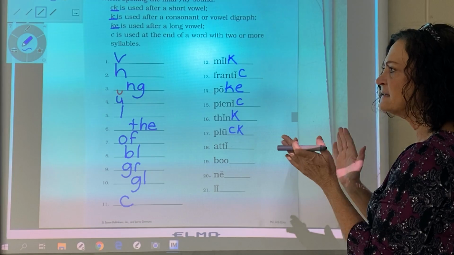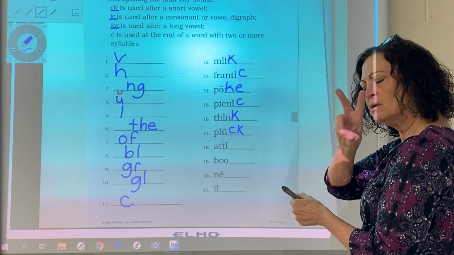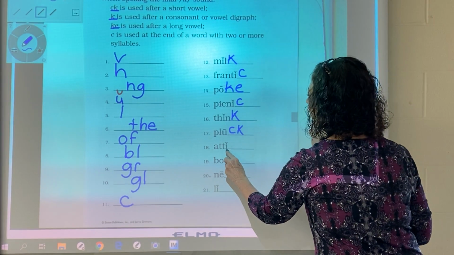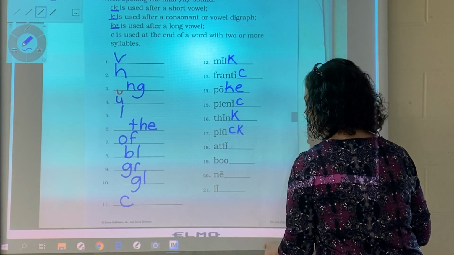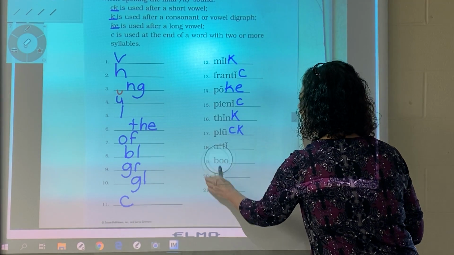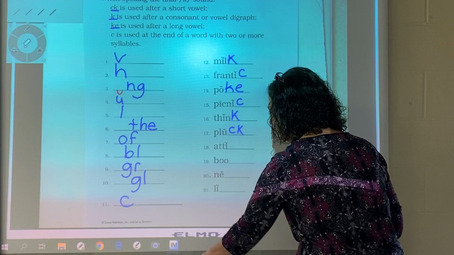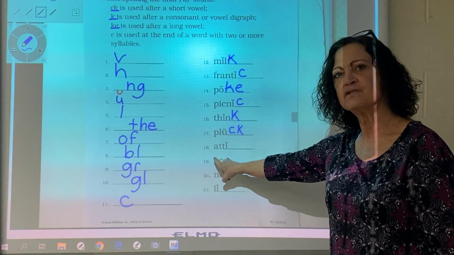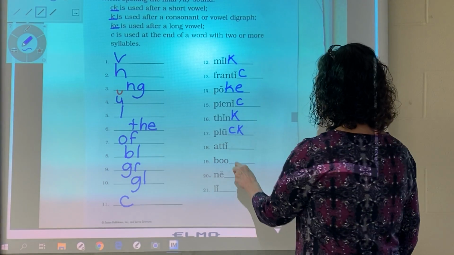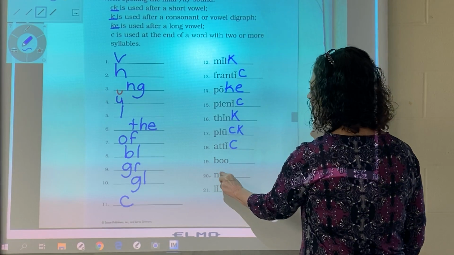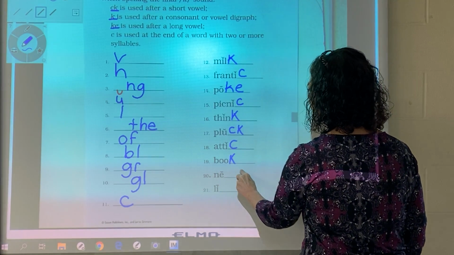Attic, two-syllable word. How did I know that, guys? If I didn't know the word, how could I know that that is a two-syllable word? Because there's two vowels in it, right? Book. We all know how to spell book.